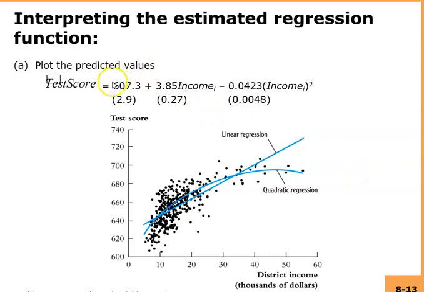If you see this equation over here, 607.3 plus 3.85 income minus 0.0423 income square, think back to your classic quadratic equations. If you take the double derivative of this equation with respect to income, you will get a negative number because of this negative sign.